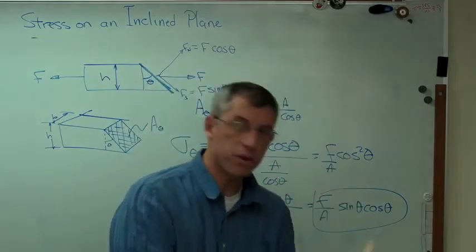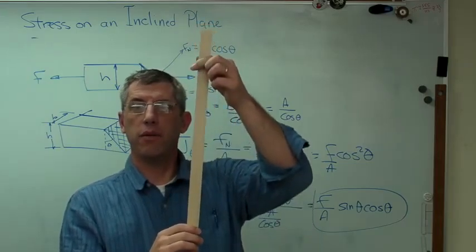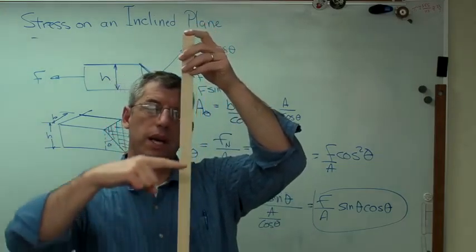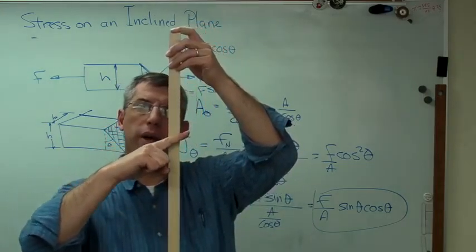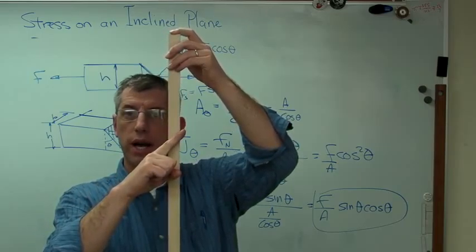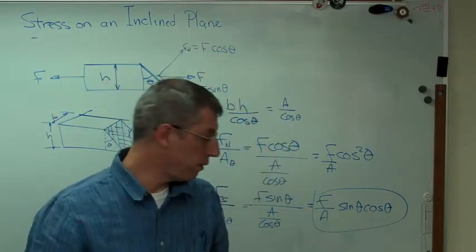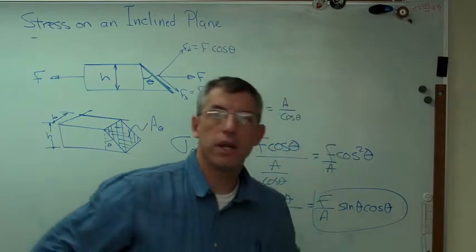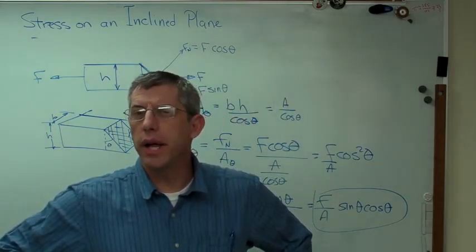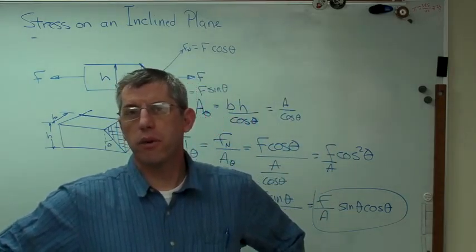Say this was a column of a building and it failed because of an earthquake. A lot of times they won't break that way. They'll actually break at a 45-degree angle. If you look on the web, you'll see pictures of bridges and buildings that have cracked in earthquakes, and an awful lot of the time those cracks are at 45 degrees.